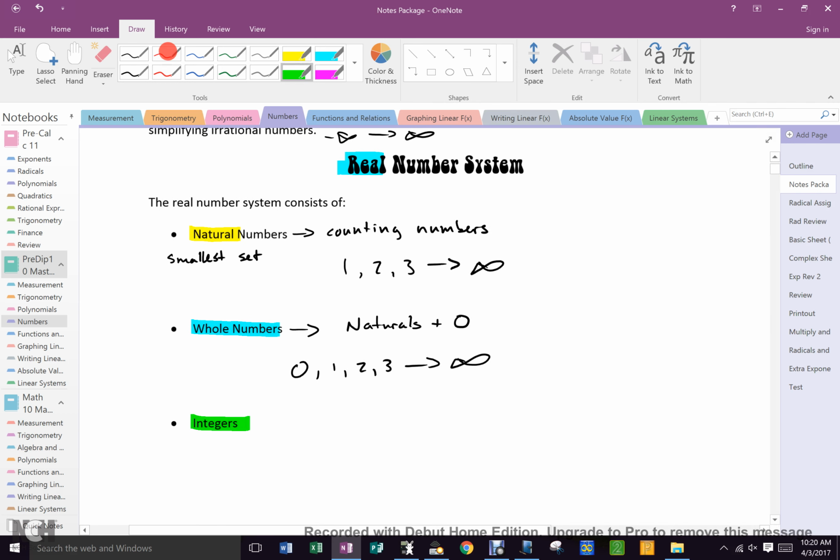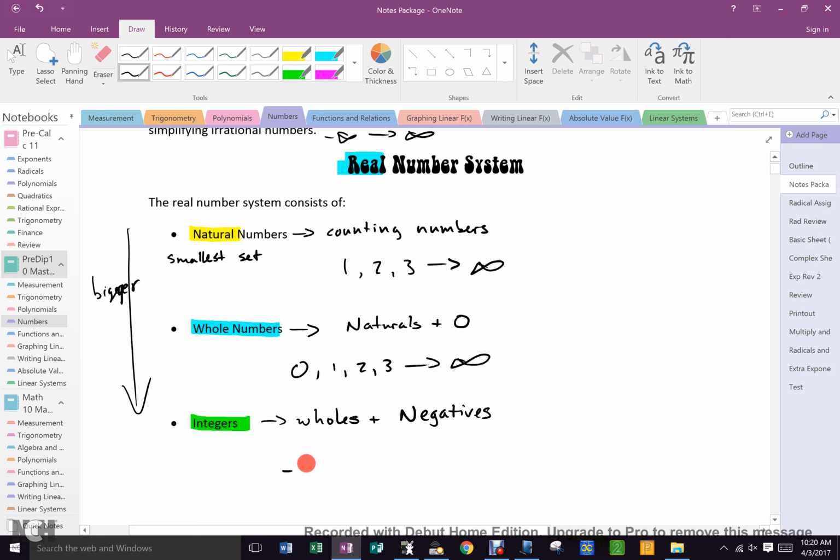Third set, integers, which is getting bigger. Please notice the sets get bigger as we go down the line. Integers are the wholes plus the negatives.